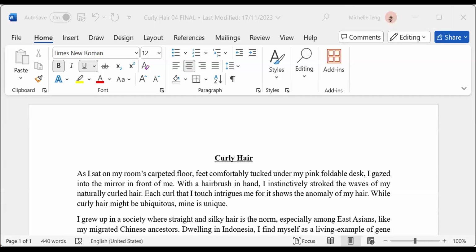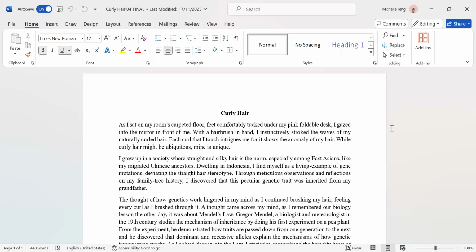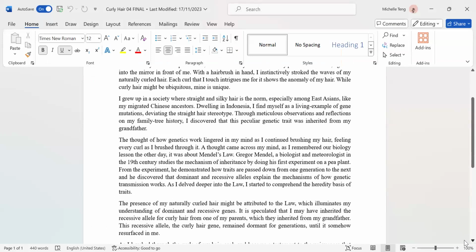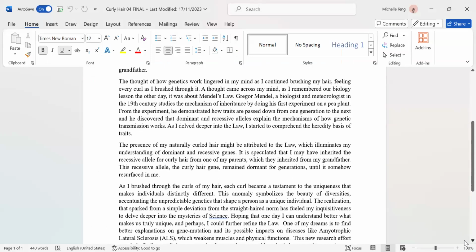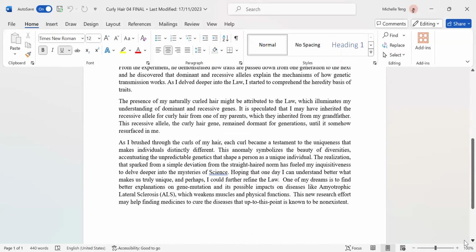Okay, so this is a writing example I have. For the next meeting, I'm going to discuss this writing material, mostly about the grammar rules, before giving you the next assignment.